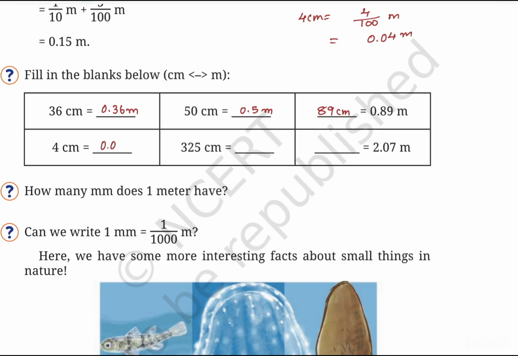And 325 centimeter is equal to 325 into 1 by 100 meter, that is equal to 3.25 meter. Here the two decimal places will be made, so 3.25 meter. And here we can write 207 centimeter.